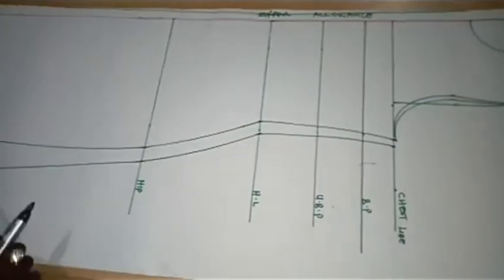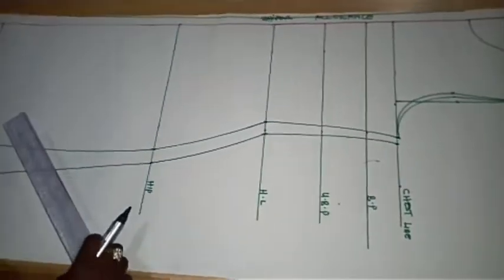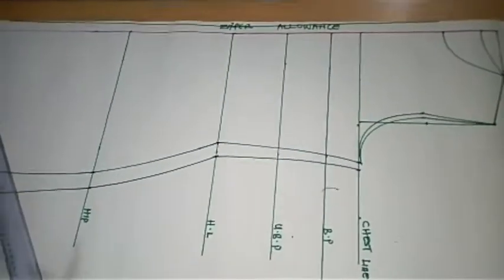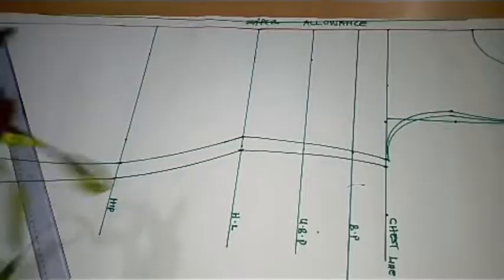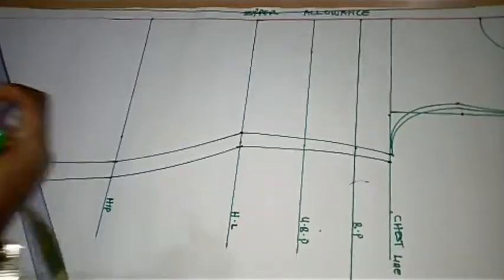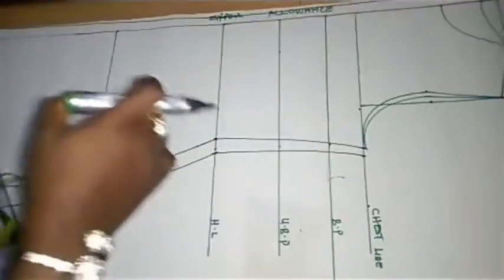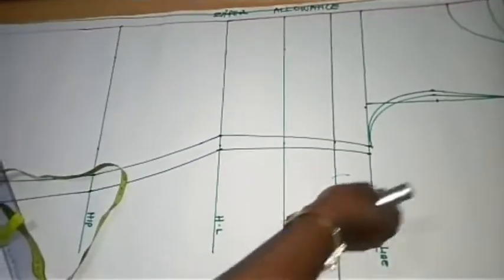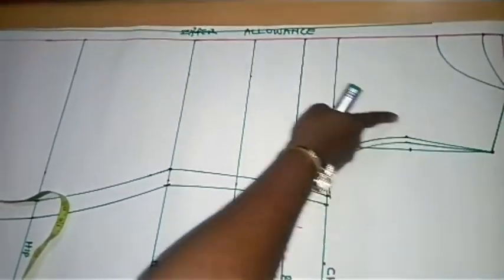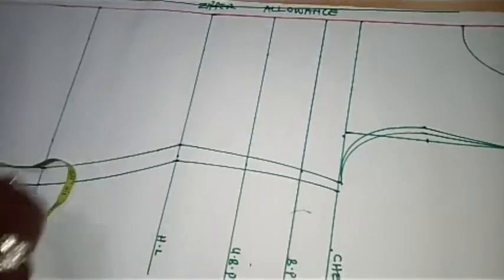So the next thing we are going to do is to create that chest shape, the V shape on the chest. Now we are going to make use of our under bust. You can see that that V shape is running all the way from the shoulder down to the under bust.